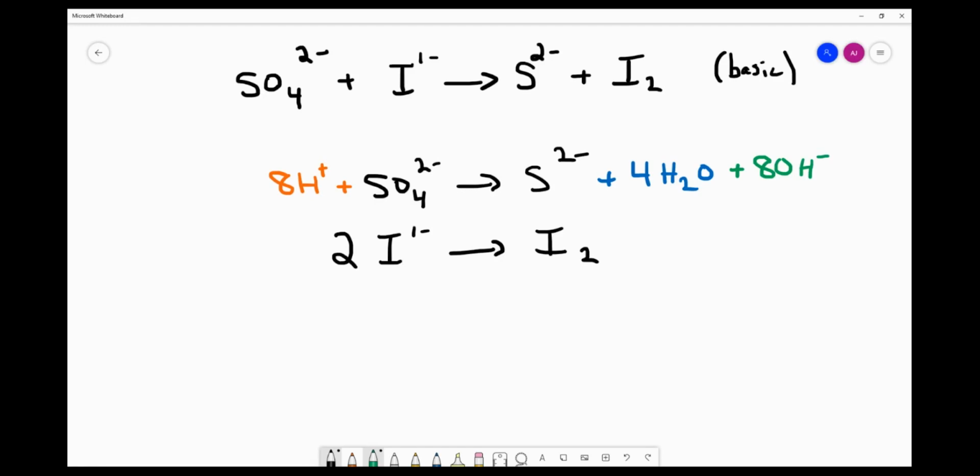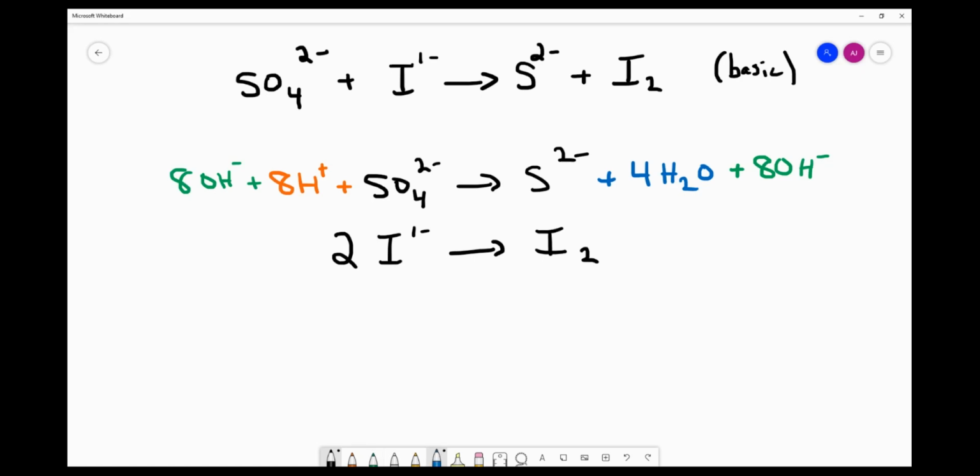But now the equation's unbalanced, so I'm going to do the same thing to the left-hand side. So that keeps the equation balanced in terms of oxygens and hydrogens. We know that one hydrogen ion and one hydroxide ion can combine to form a water molecule.